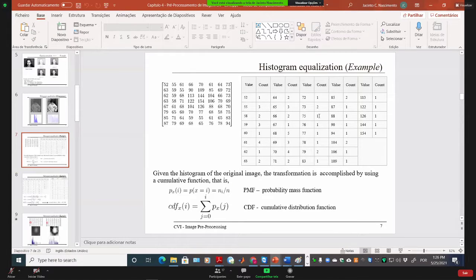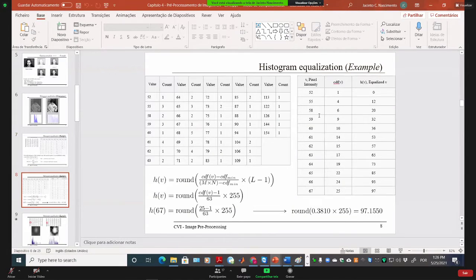Okay. Then after the count, you are in conditions to compute the cumulative distribution function. So you just range from the minimum to the maximum value intensity in the matrix, and then you have this count. So this means that the intensity 52 occurs one time, the intensity 55 occurs 3 times, and so on and so forth.